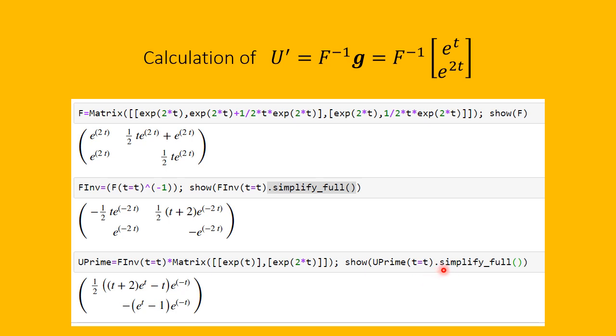And in this case, I will simplify it. So simplify_full, okay? And parentheses after the full, and we also have parentheses here matching with the one here for that show command. And so u prime is this thing right here. Still, it could be multiplied out, I guess, a little bit more, but in any case, this is pretty simple, and we'll go from here. We'll use this.